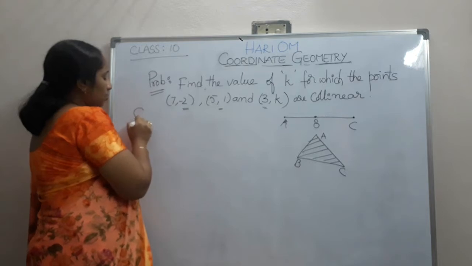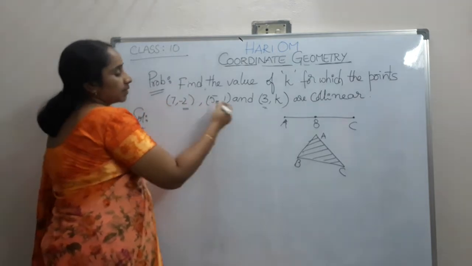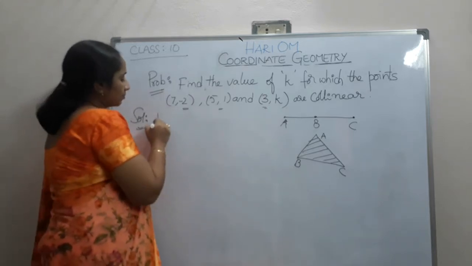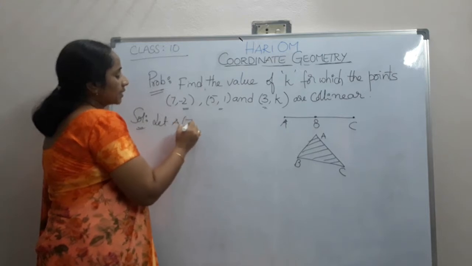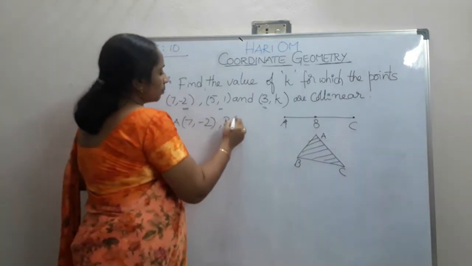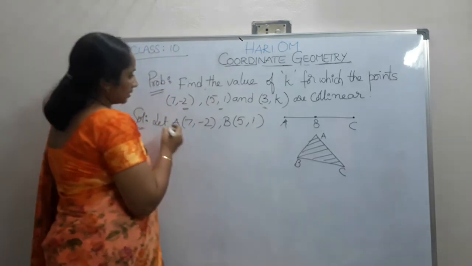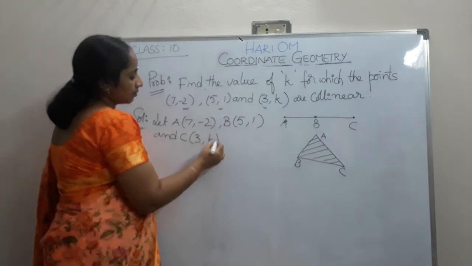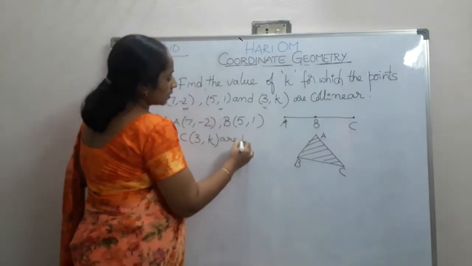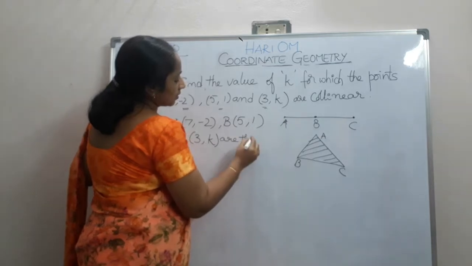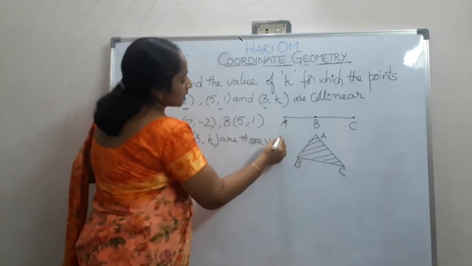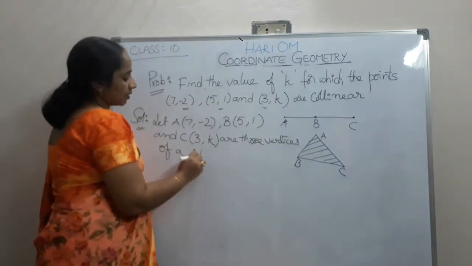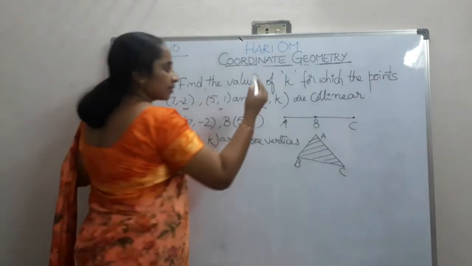For that, first we are going to assume that the given 3 points are vertices of a triangle. Let A (7, -2), B (5, 1) and C (3, k) be 3 vertices of a triangle. They said they are collinear.